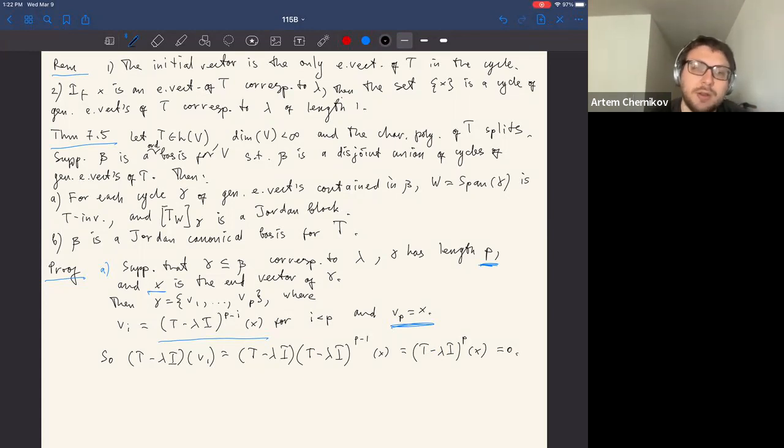Because p is the length of the cycle and x is the end vector. So by assumption, this is equal to 0. Hence we have that T of v1 is equal to lambda v1, right? Because if (T minus lambda I) applied to v1 is equal to 0, from this equation we can express T of v1. This is going to be simply lambda v1.